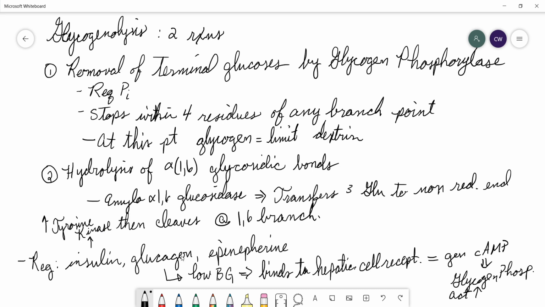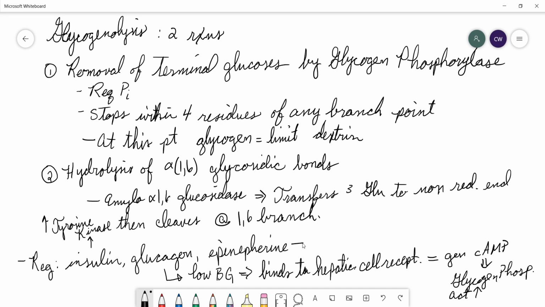Which then starts triggering the phosphorylation cascade that builds up the base oligosaccharide on tyrosine 194 of glycogenin, right? So it has the exact opposite effect. It causes glucose to be stored as glycogen, okay?